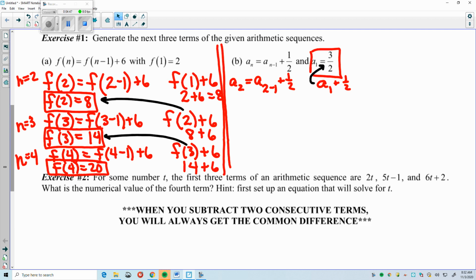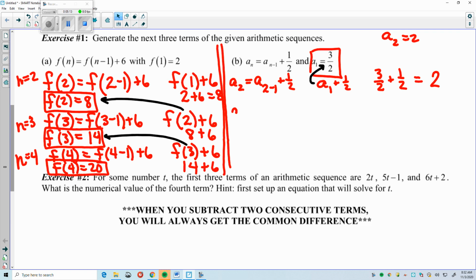That's 3/2. So now I have 3/2 plus 1/2, which gets me 4/2, or a value of 2. So now I know a sub 2 is a value of 2. My second term is 2. So maybe I'll make a list of this over here: a sub 2 equals 2.